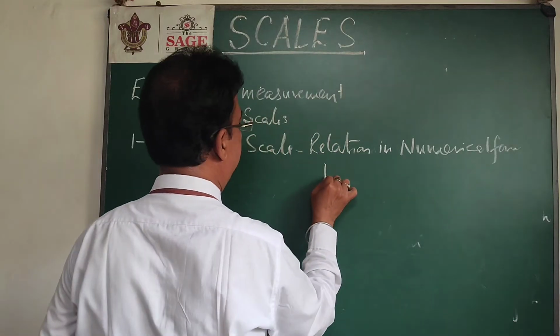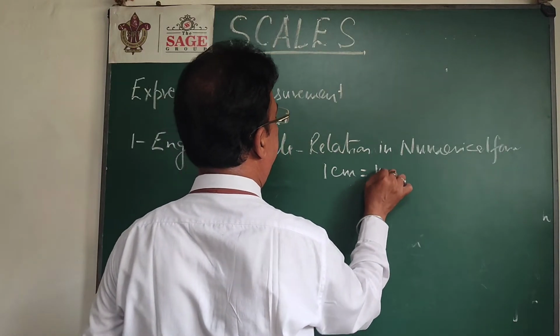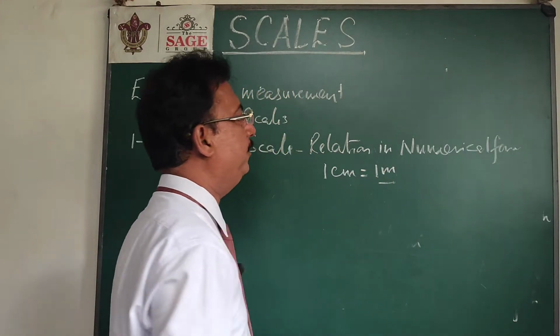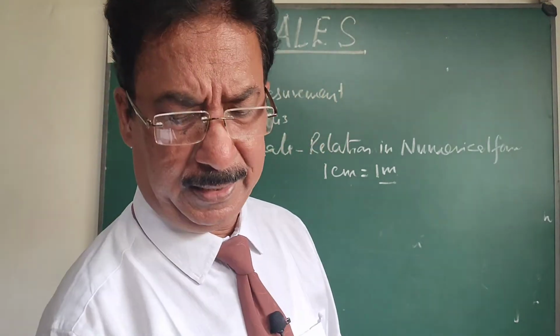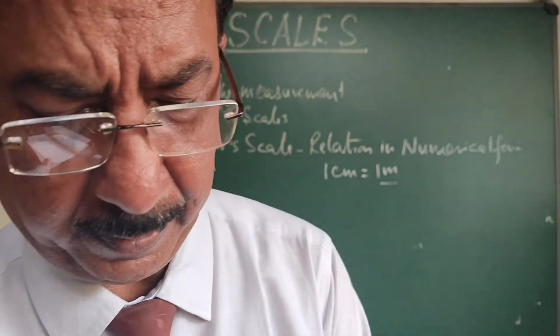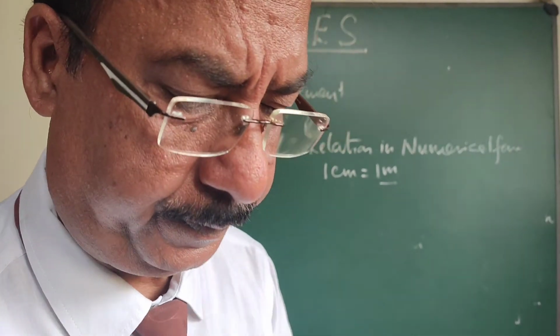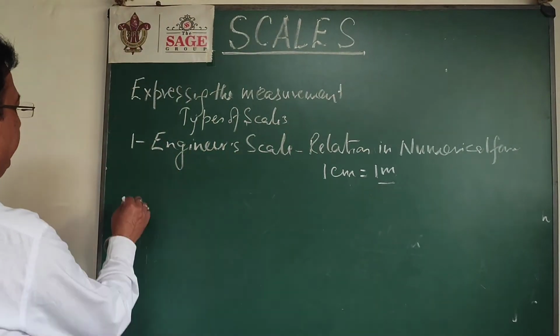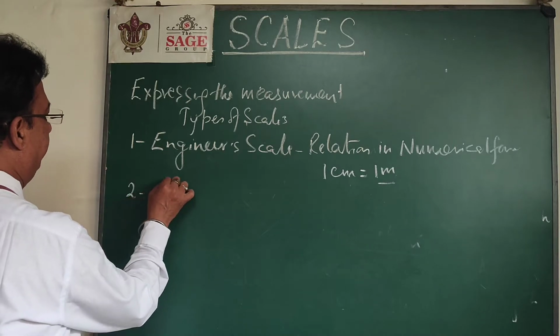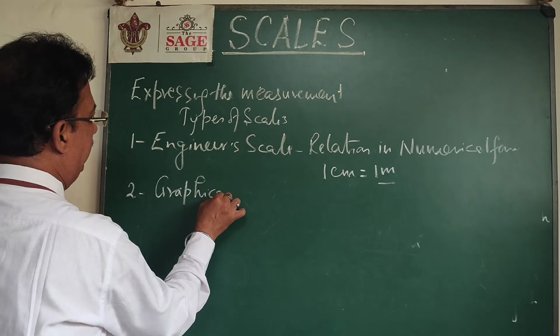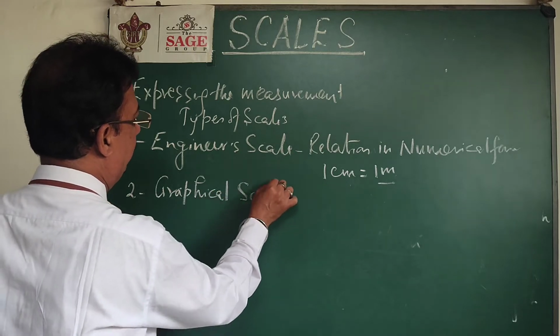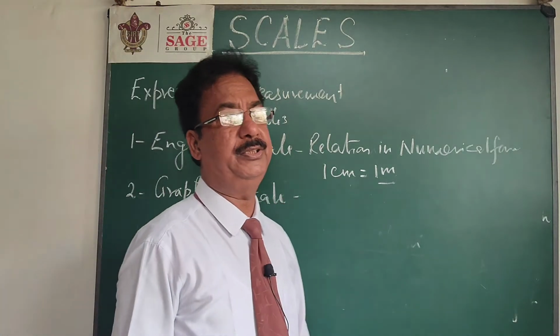As we already discussed, suppose I say 1 centimeter equals 1 meter, it means 1 meter will be the actual length and we are representing it by 1 centimeter length. Another way to express the scale is the graphical scale. This graphical scale was most of the time used earlier by civil engineers.